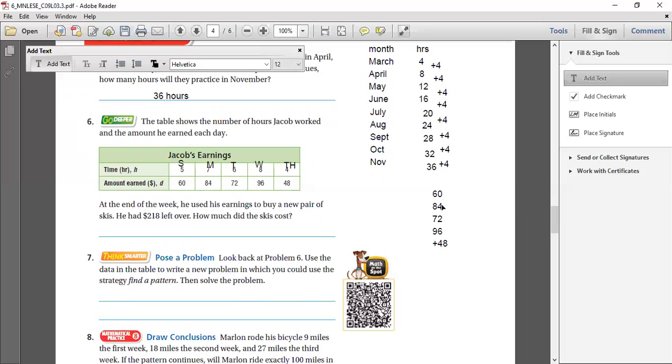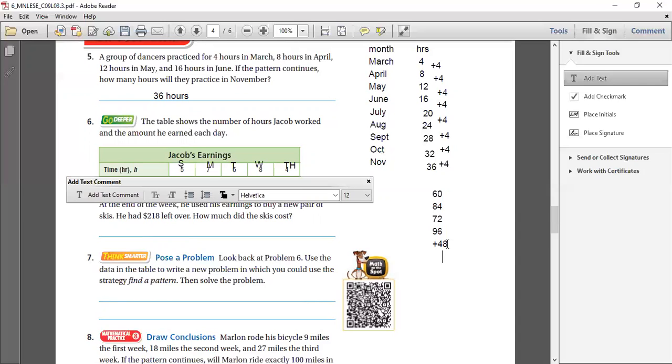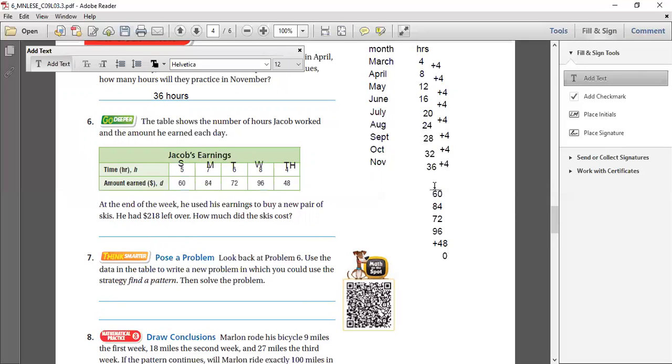0 plus 4 is 4, plus 2, 6, 6 plus 6 is 12, 12 plus 8 is going to be 20, right? So we put 0 here and we carry 2. 2 plus 6, 8, plus 8, 16, 16 plus 7, 23, 23 plus 9 is 32, 32 plus 4 is 36.